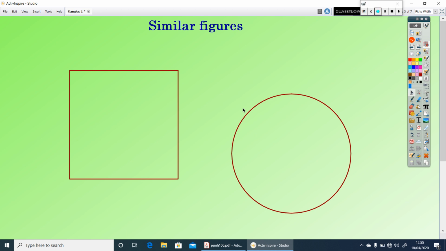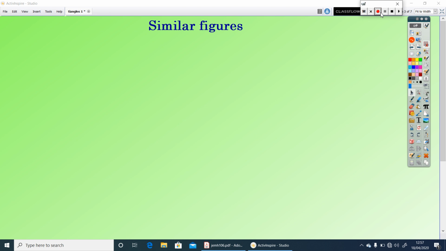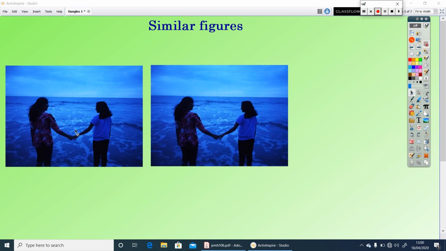Now take two or more polygons. How will we check whether they are similar or not? Let me take a picture and check how they are similar to each other. Here you can see a photo, two congruent photos, because these two are the same size, same figures.